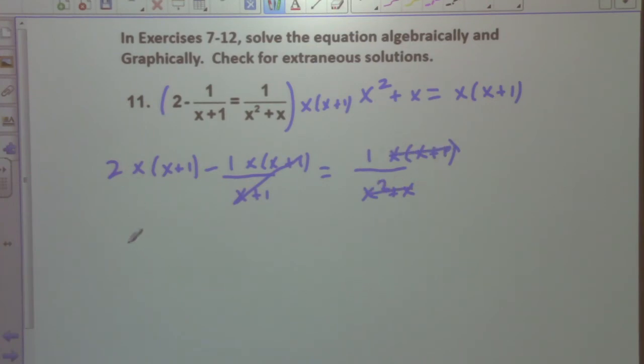And so now we have 2x squared plus 2x minus 1x equals 1. And then what? Subtract 1. Combine like terms, plus x, right?